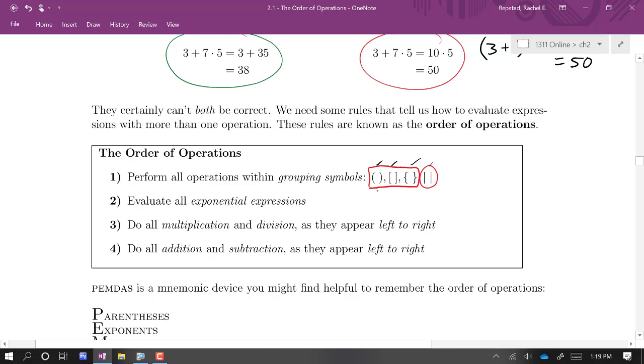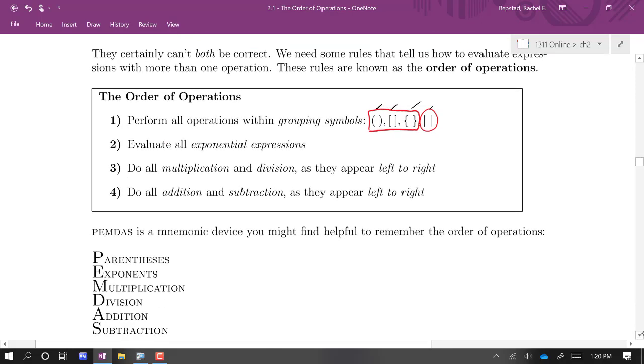Parentheses are used more often, but sometimes if I have lots of grouping symbols, or grouping symbols within grouping symbols, it's helpful to mix it up and also use brackets and curly braces to make it easier to interpret. So the grouping symbols come first, then exponential expressions, so apply the exponents.